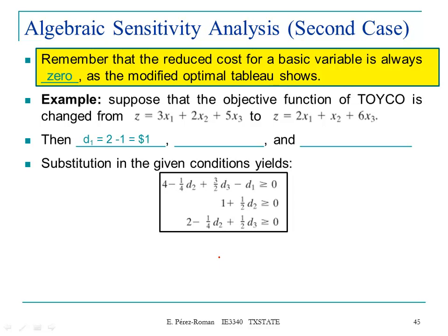Then D1 is going to be equal to 2 minus 3. D2 equals 1 minus 2.